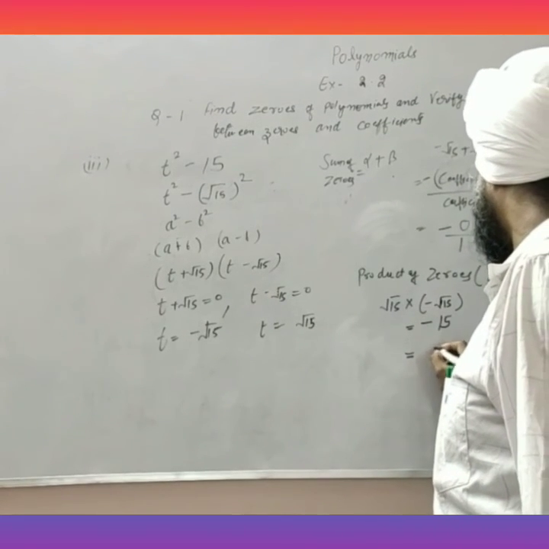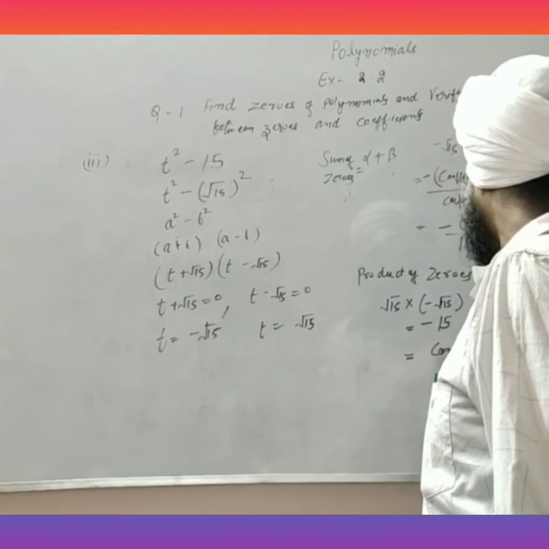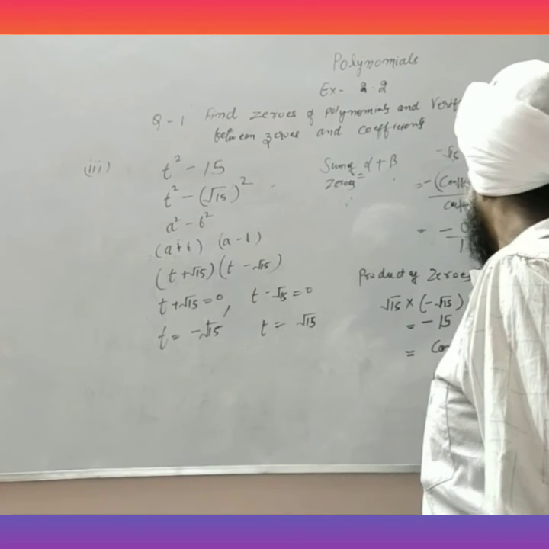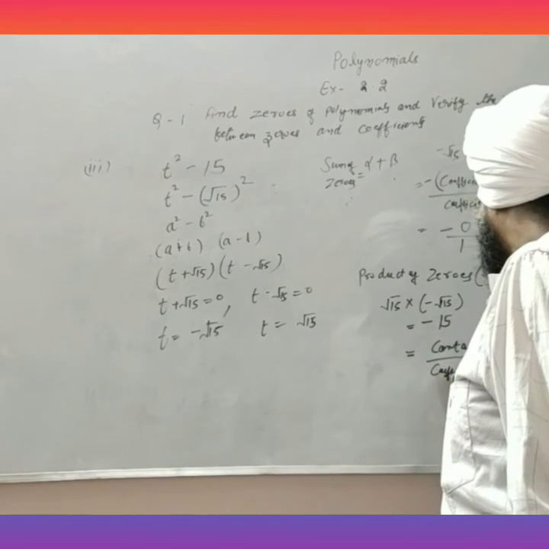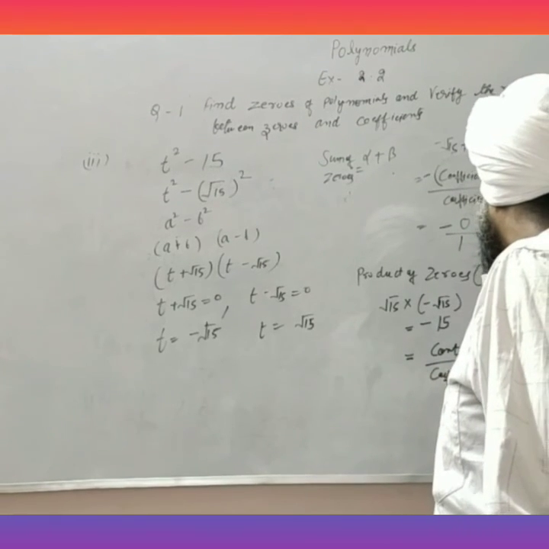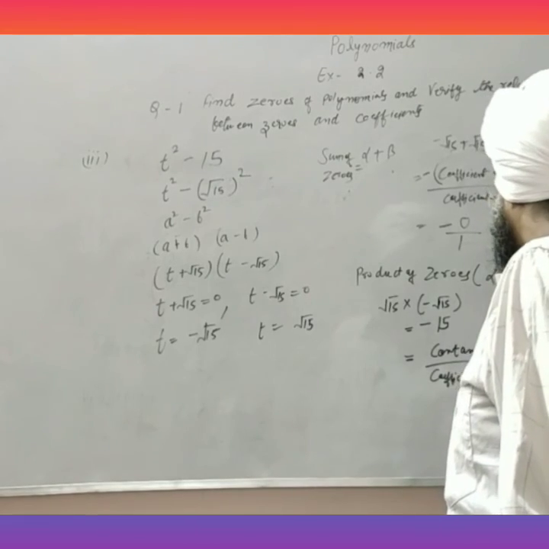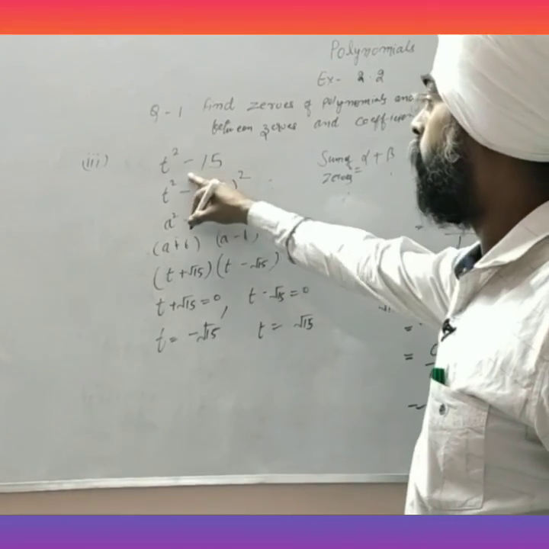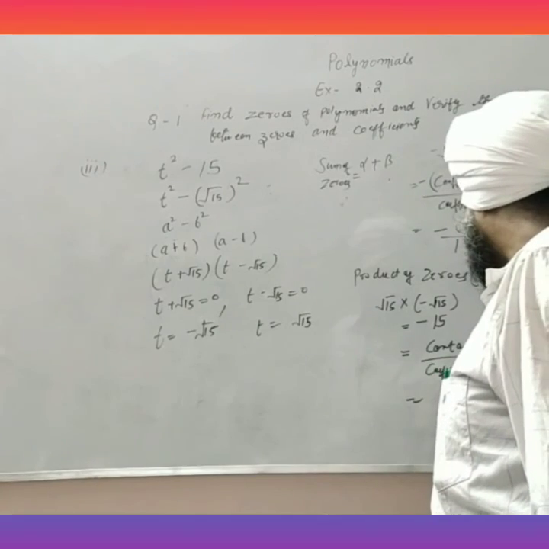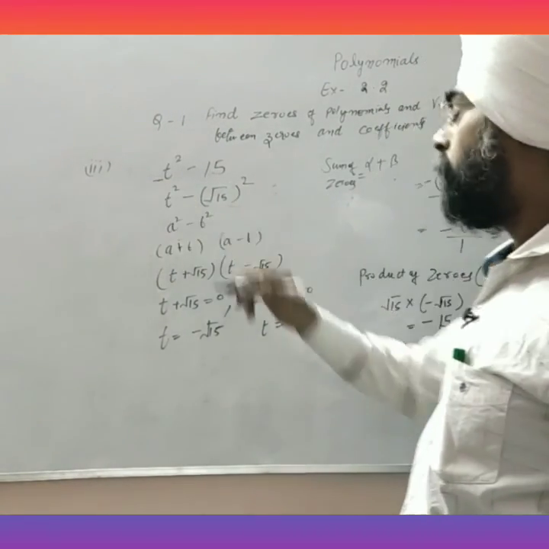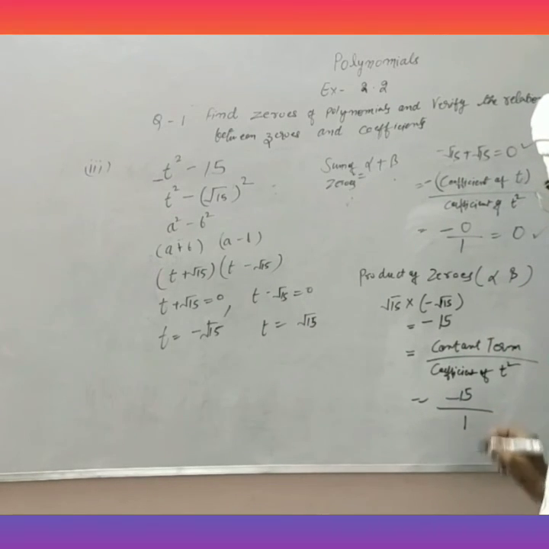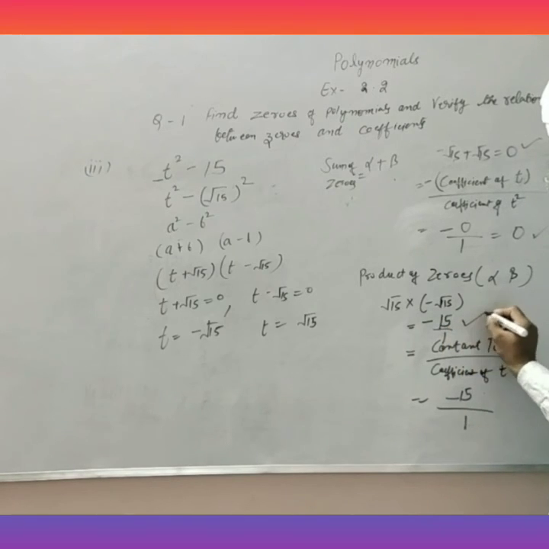For verification the formula is constant term upon coefficient of t square. Constant term is minus 15. Coefficient of t square here is 1. Minus 15 and minus 15 upon 1 both are the same. This is verified.